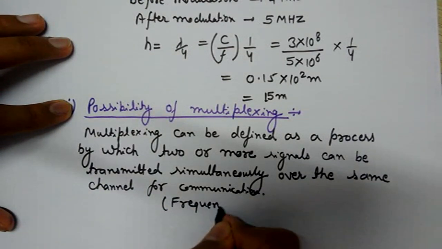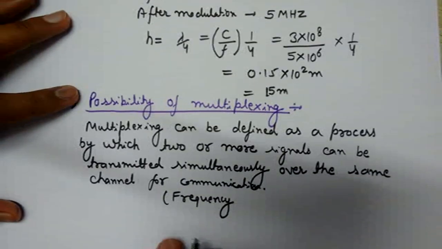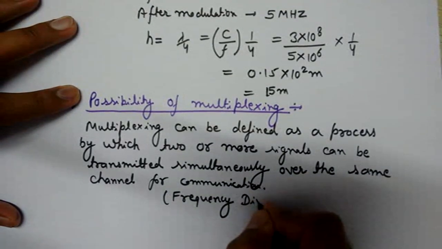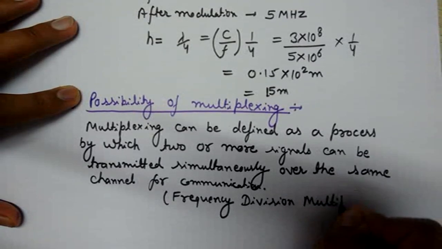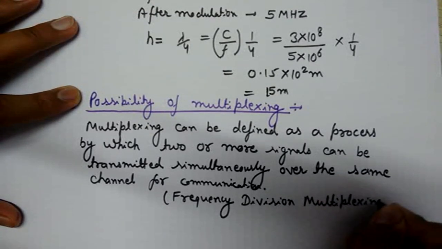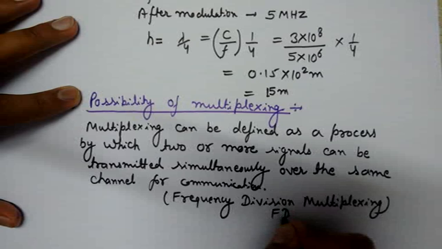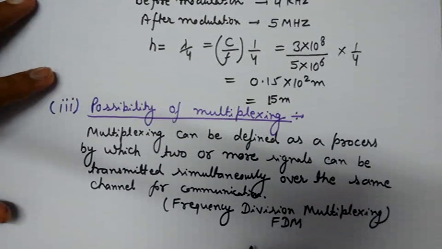This process is known as frequency division multiplexing, also known as FDM in short.